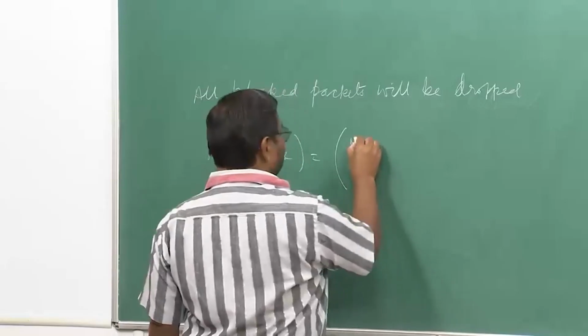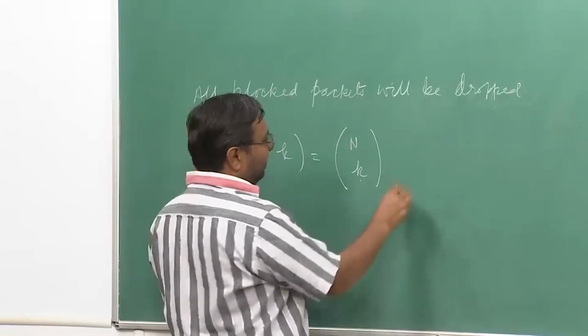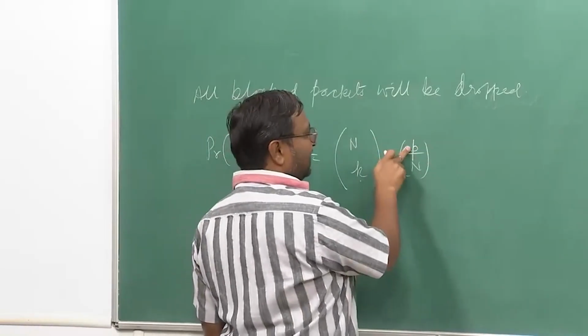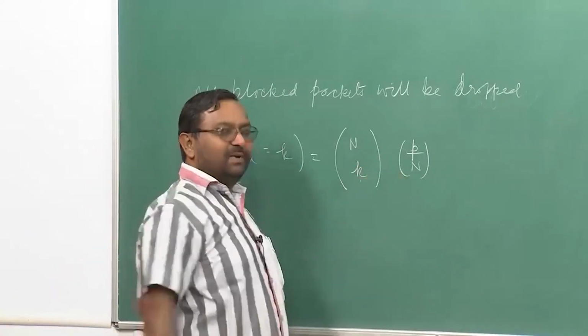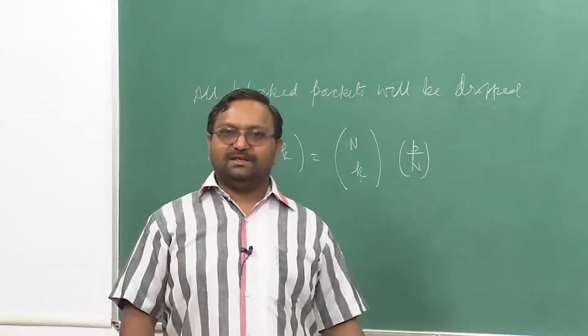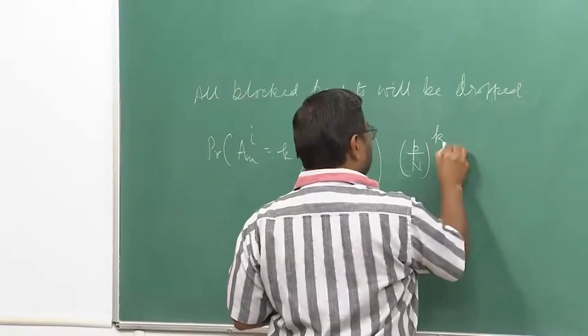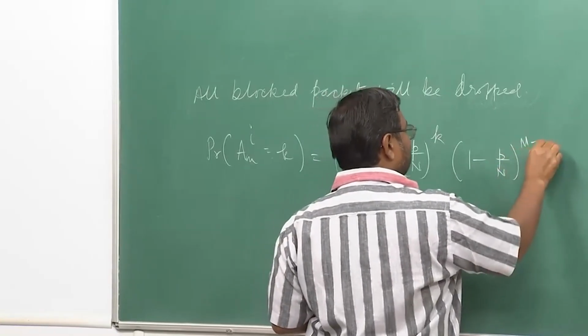So, I will get n choose k, just writing in a different way, (p by n) raised to k, where 1 by n is the probability that a packet coming in is directed to one of the outgoing ports, so p by n is the probability of getting a packet at an outgoing port, times (1 minus p by n) raised to n minus k.